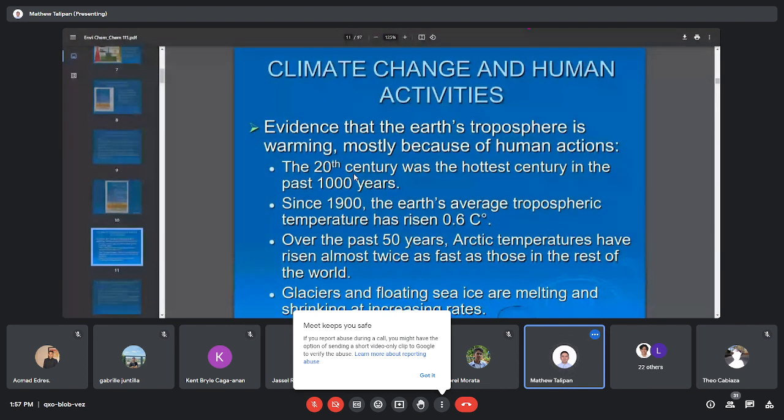combustion of coal, for example, has led to an increase in the Earth's temperature in the past, let's say, 50 years.